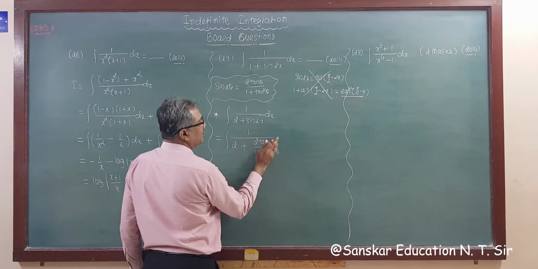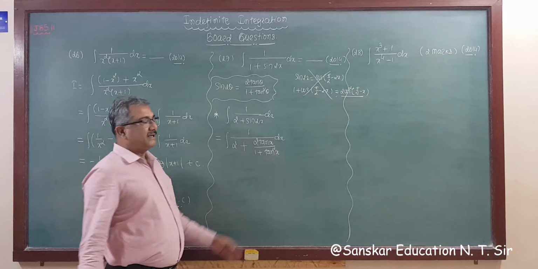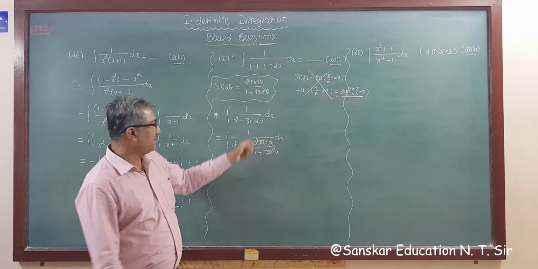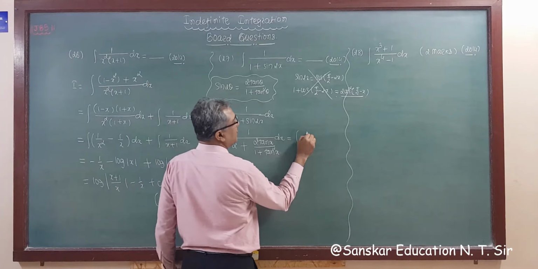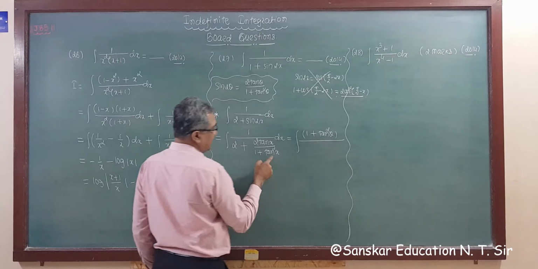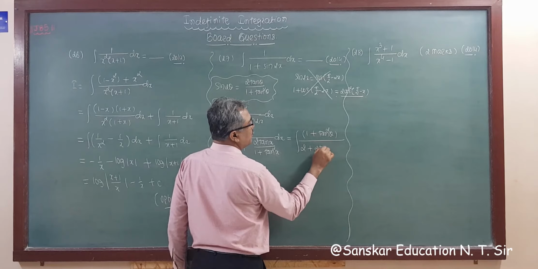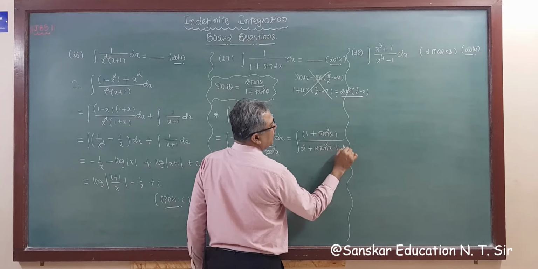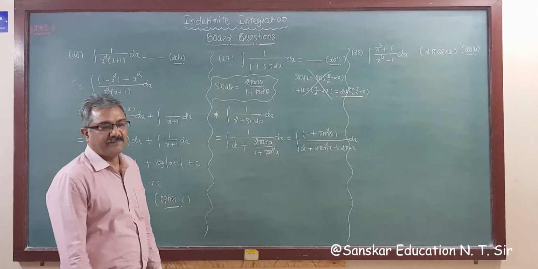We have to write x here because it is given in x. Taking the LCM, 1 plus tan square x comes in the numerator, so this is the integration of 1 plus tan square x whole upon, taking LCM, multiplying with 2, 2 plus 2 tan square x plus 2 tan x, dx. This is your answer, right?